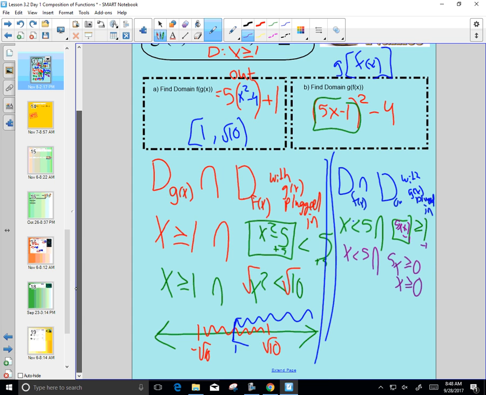Now we draw a little number line, and we're going to have 0 and 5. And so x is less than 5. X is greater than or equal to 0. The intersection is what?